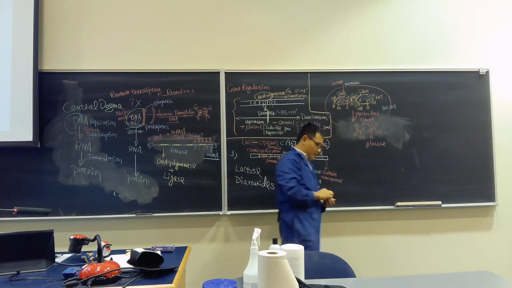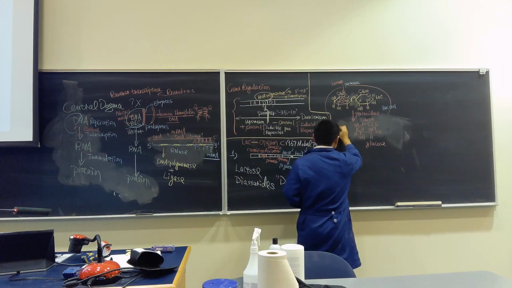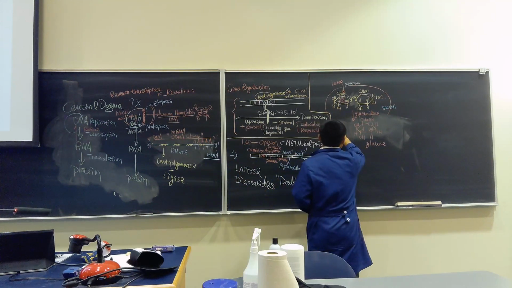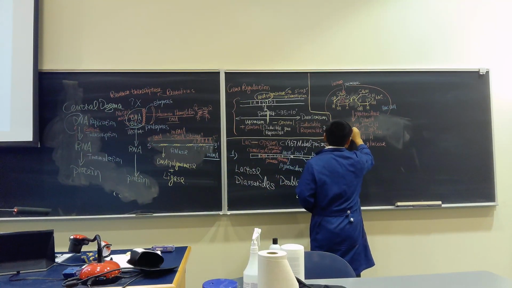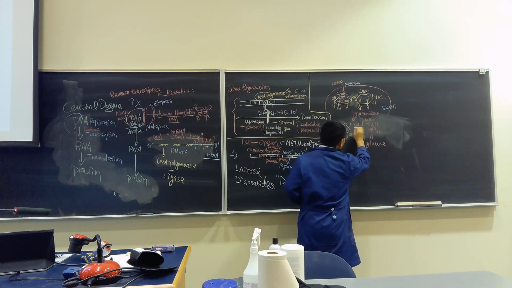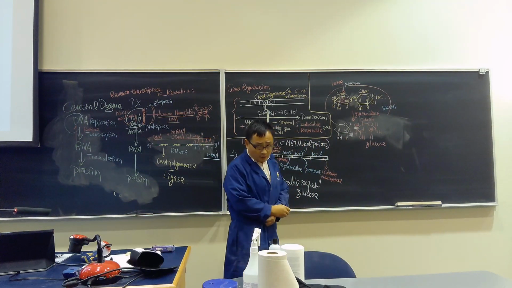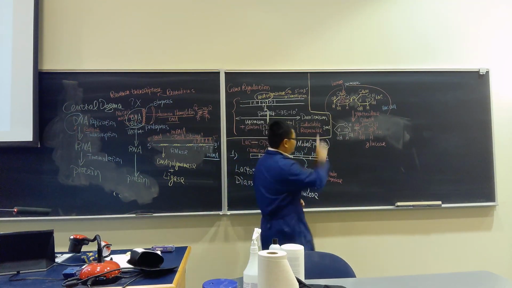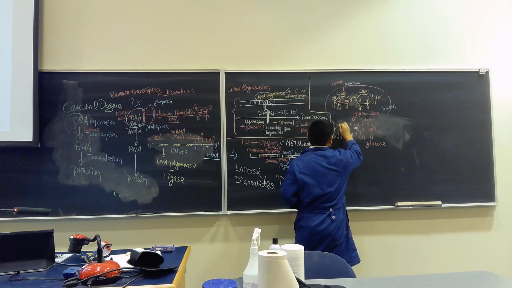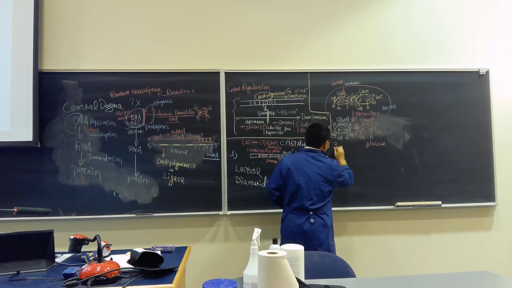They will generate an isomer product, which is very, very similar to glucose. Only this position, the 4-carbon hydroxy group, is down. What is this called? Galactose.